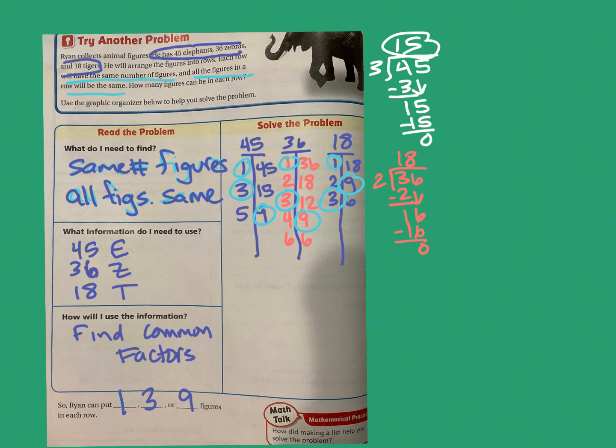So I know we're not usually putting things in rows like that, so you're like, why would this be a useful tool? But this is also useful. This skill is also useful for, let's say you're putting together gift bags of candy, and you have 45 Red Hots and 36 Reese's Cups and 18 Twix, and you want to make sure that everybody gets a fair share of each of those, right?